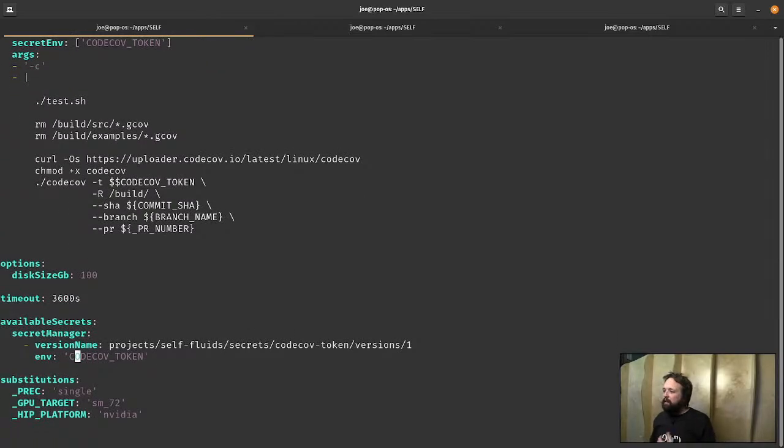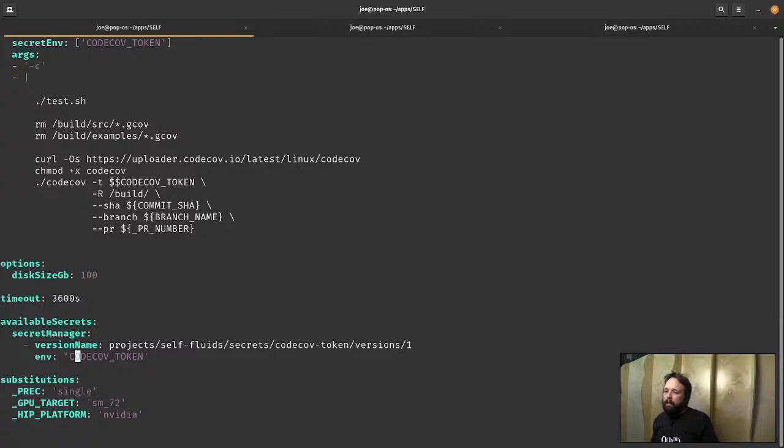If you're interested in how to do Codecov integrations with Google Cloud Build, you can use essentially Secret Manager to hide the actual token so that you can have this pipeline stored in a public repository without actually exposing the auth token that's used to push to Codecov.